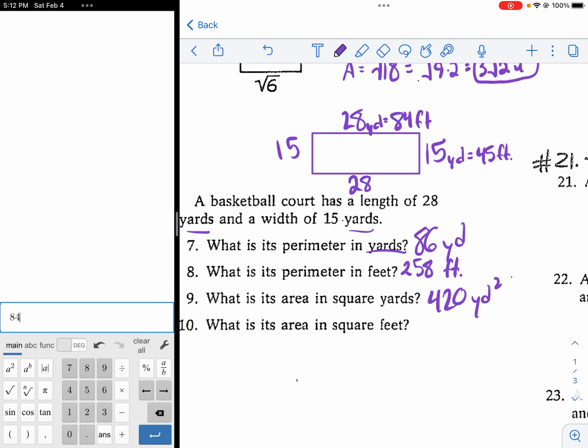So 84 times 45, that gives us 3,780 feet squared. I'll demonstrate that that is the same thing as, I'll go ahead and take 3,780, divide that by 9 to show you that you get 420 yards.